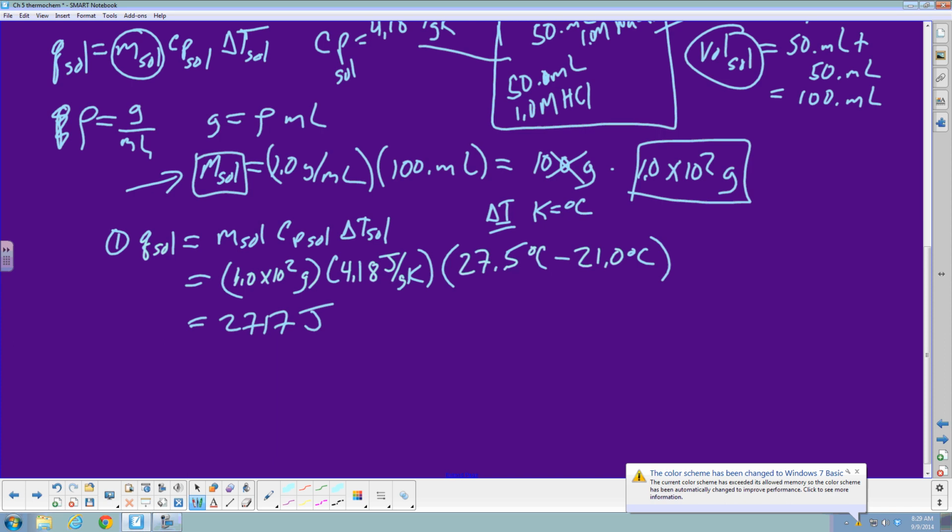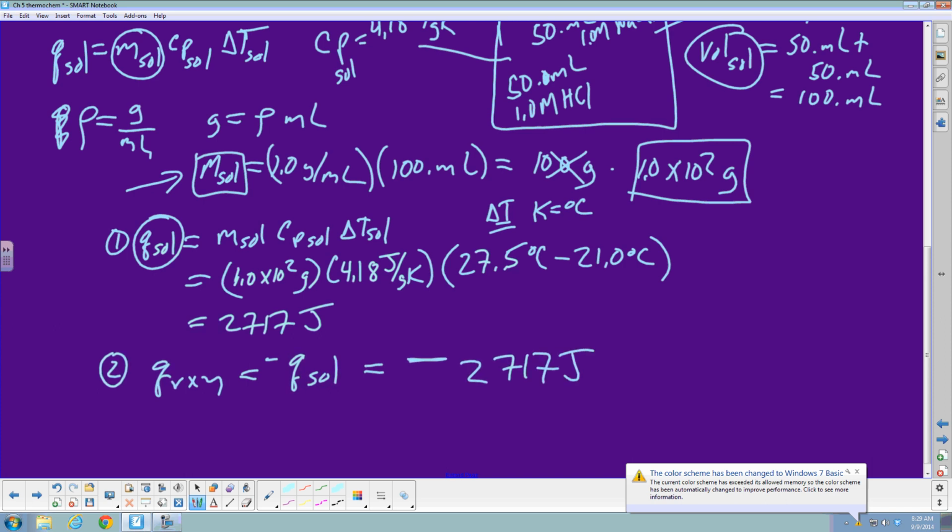All right, now what is that? That is the heat that the solution picked up from the reaction. But I'm not interested in the heat of solution. I'm interested in the heat of reaction. And what is heat of reaction equal to? Well, it's the heat of solution with a negative. So that means my heat of reaction is going to be negative 2717 joules. Great. Now we go to the third part. And the third part is what?